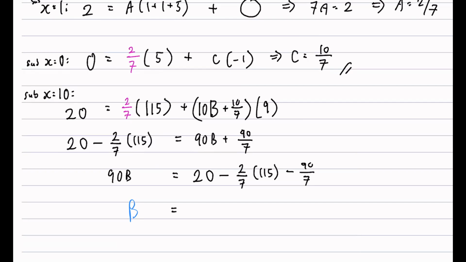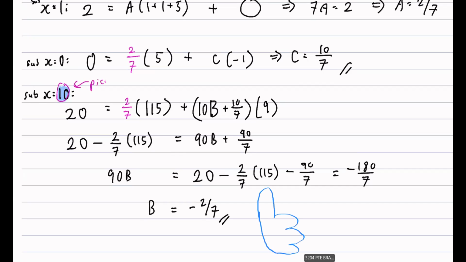I get negative 180 over 7. So therefore b is equal to, just divide by 90, negative 2 over 7. I purposely picked x equal to 10. You should try not to do it. Pick a smaller value that is not chosen before.